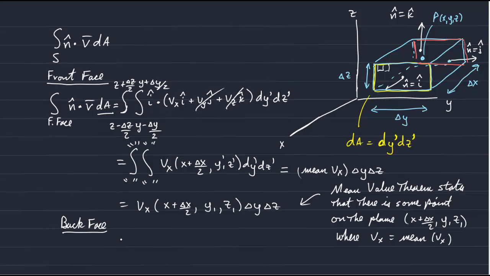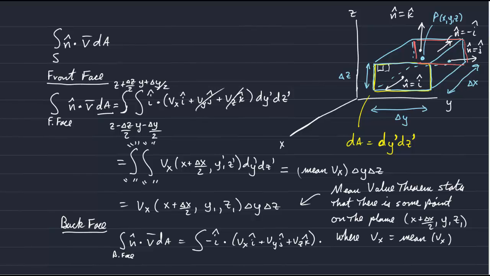On that back face, we have the integral of n hat dotted with V dA on the surface of the back face, and that's equal to minus i hat, right? Because on this back face, n hat is going in the opposite direction, in the minus i hat direction, again dotted with Vx i hat plus Vy j hat plus Vz k hat.